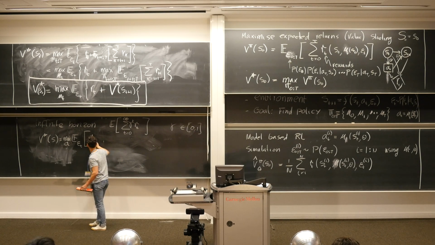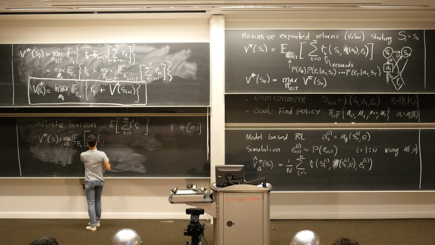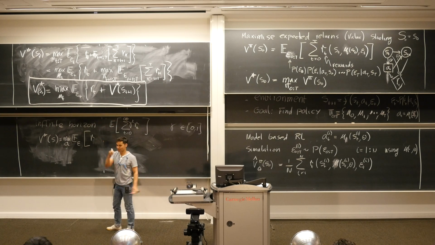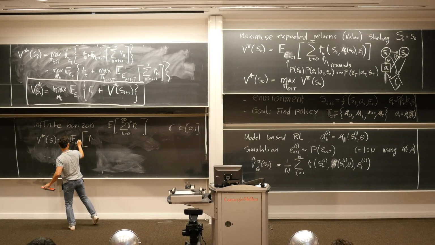So you have RT. And again, to emphasize that RT, in fact, I'm going to drop the t's. Because there's time t and time t plus 1, I can just introduce some symbols. Right, sorry about that.